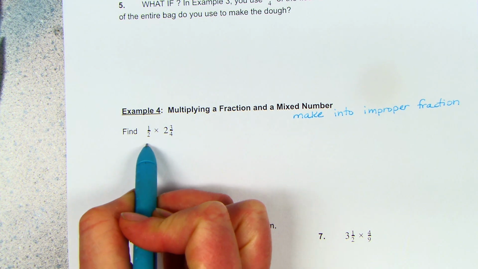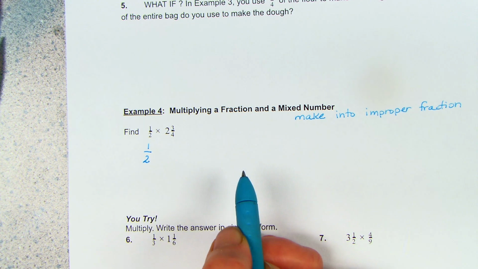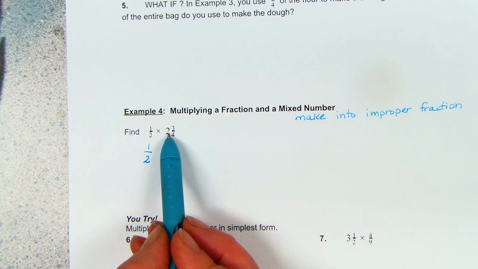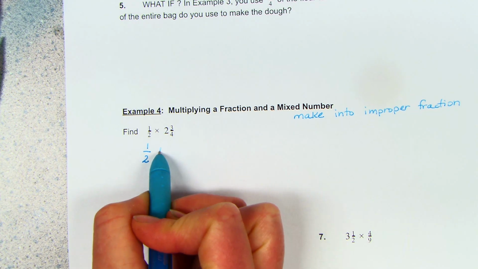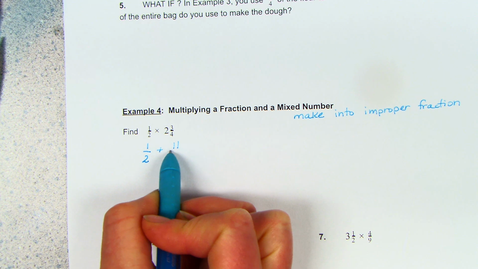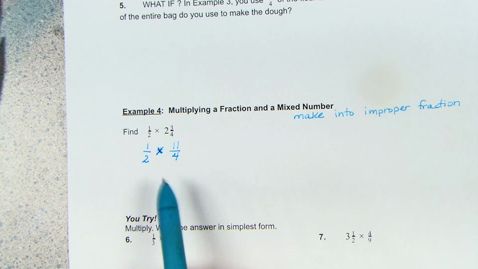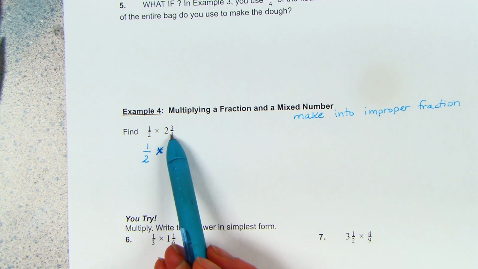Right, so we've got 1/2. We have to change that 2 and 3/4 into an improper fraction by saying 4 times 2 is 8, and 8 plus 3 is 11. It is not plus, it is times. All right, so we've got 1/2 times 11/4. Let's see, 2 times 4 is 8, 9, 10, 11.